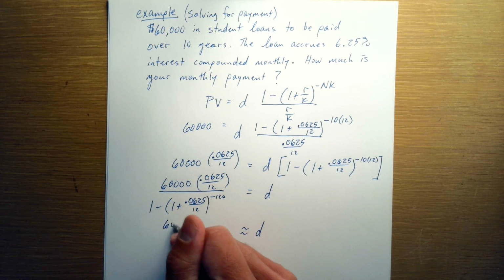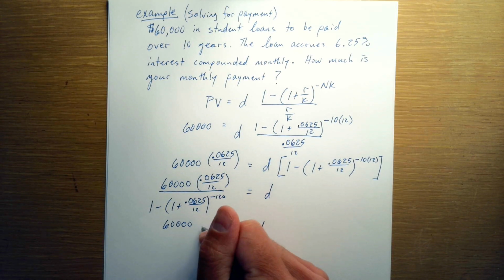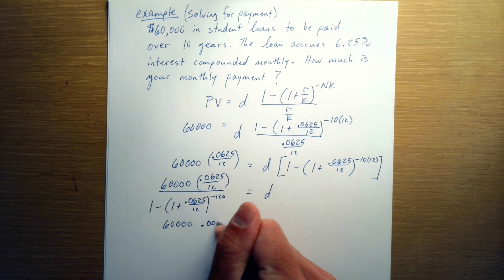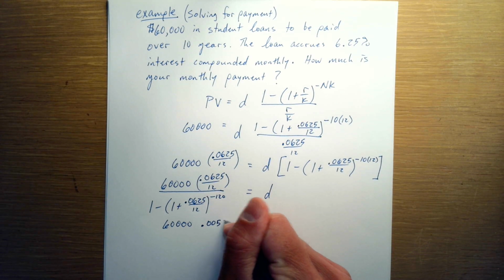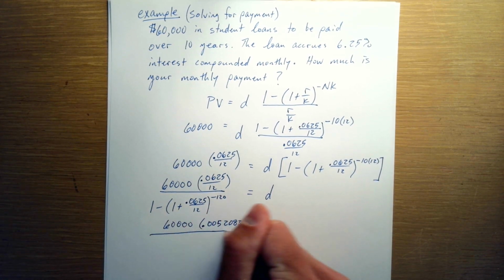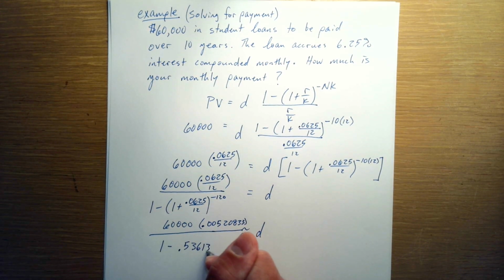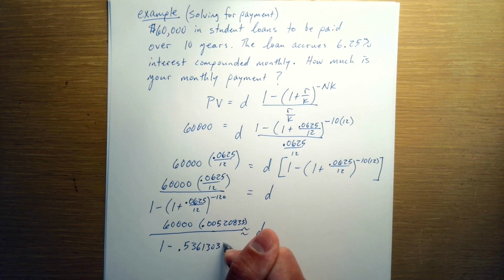So we have 60,000, 0.0625 over 12 is approximated by 0.0052833. And then plugging in this exponential piece, I have 1 minus roughly 0.536133031.